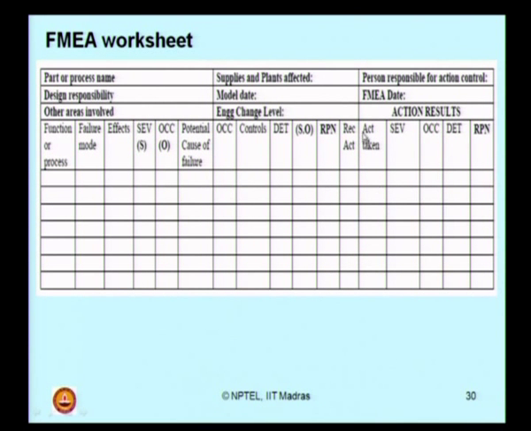Then I recommend certain actions to reduce the severity or to reduce the occurrence or to detect this in advance. Once I do that, after the actions are taken, what will be the new numbers on severity, occurrence and detection? Therefore, what is the new risk priority number? So what is the RPN after the actions are taken and what is the RPN before the actions are taken? That is what I am going to enter in my FMEA worksheet.